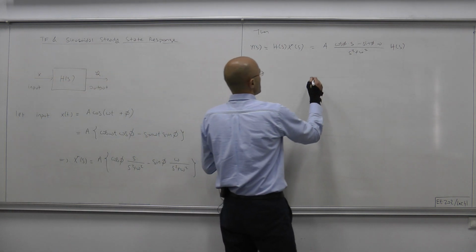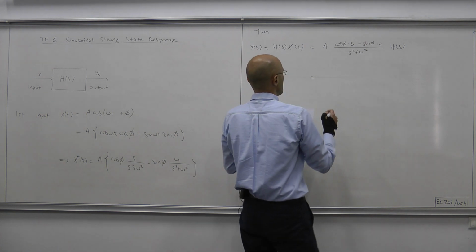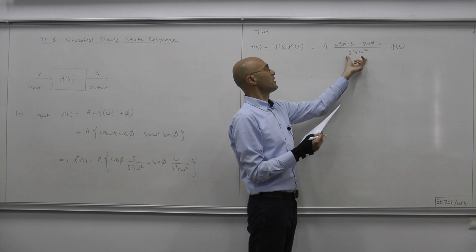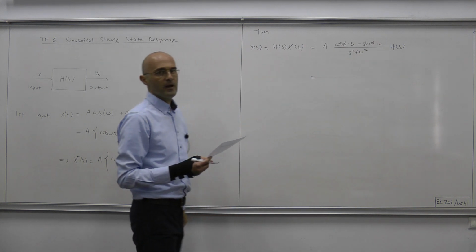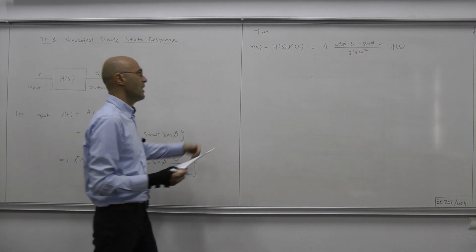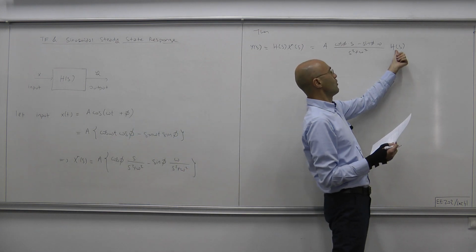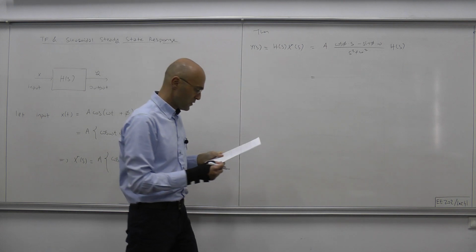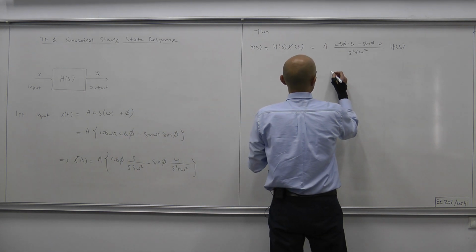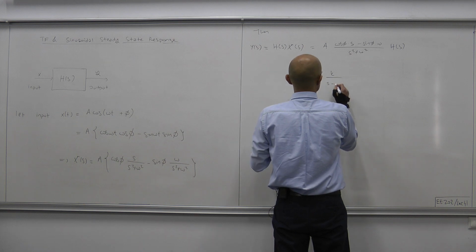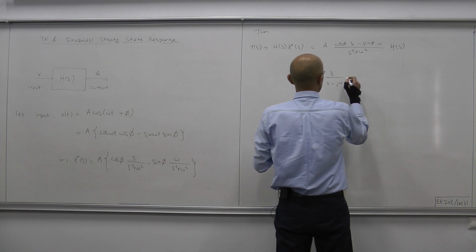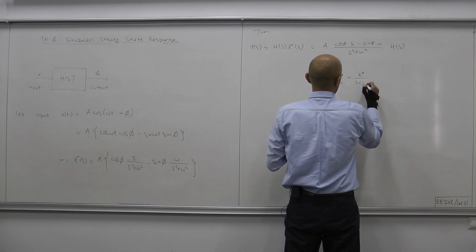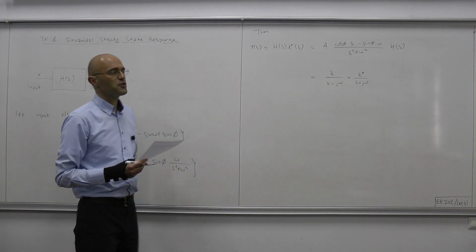Now this can be written as the following. There are two poles coming from the input, namely the pair at plus minus j omega, and then we have the poles, or the natural frequencies, of the circuit, namely the poles of the transfer function. Let's write them separately. We have k over s minus j omega plus k conjugate over s plus j omega.